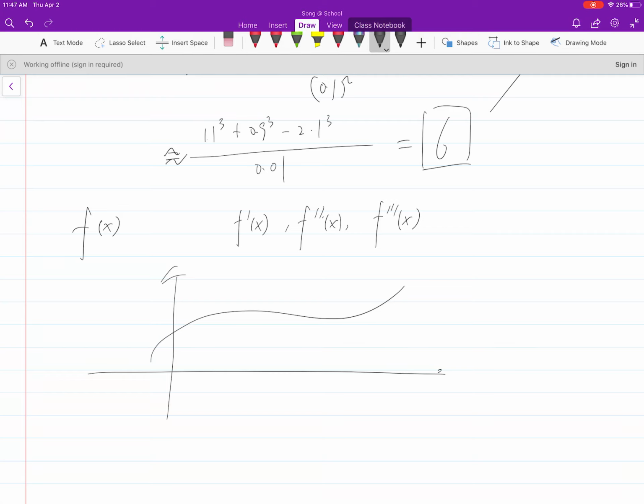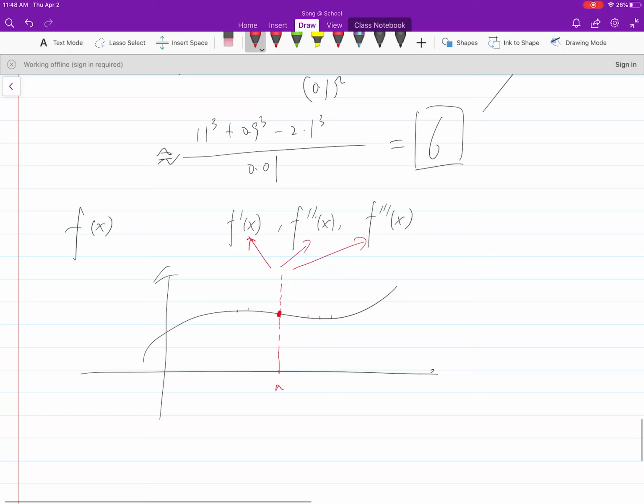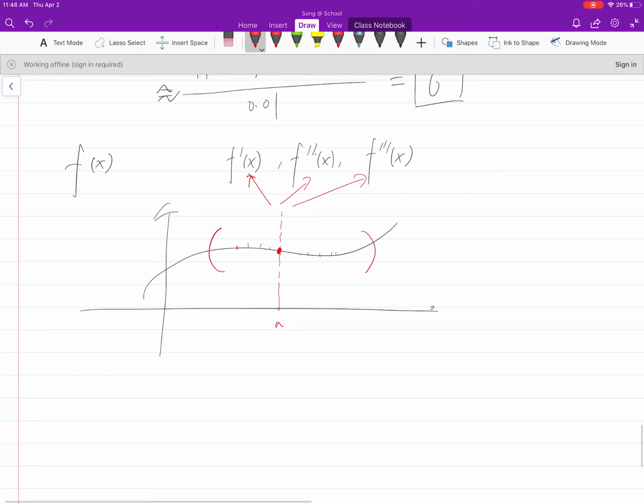That means, let me say it again, given a point, this is A, you can know the information about the points around A by just knowing everything happening at A, including the derivative, the second derivative, the third derivative. If you know all the derivatives happening at this single point, you will be able to know everything that happens close to it, as long as it stays within the interval of convergence.